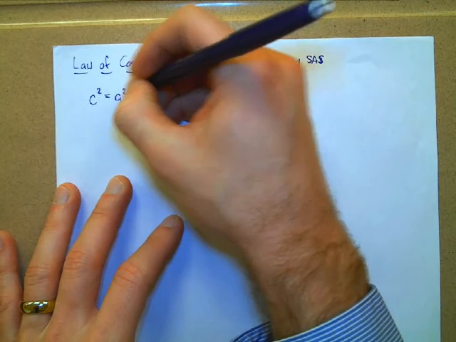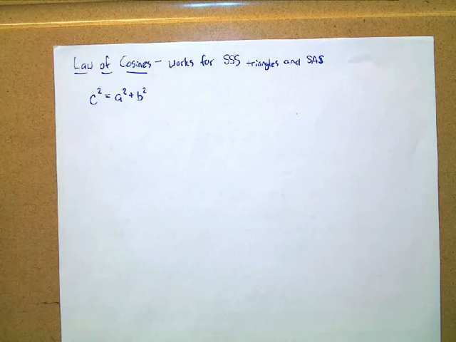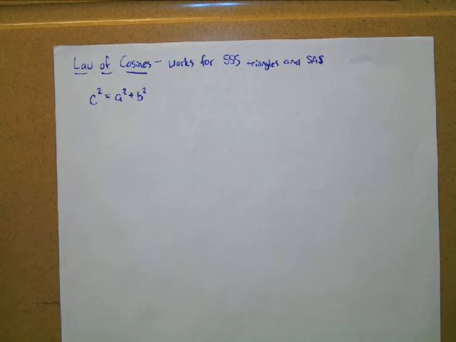So to this, we introduce a bit of a correction. And this is the law of cosines. One way you can think about it is that it is just the Pythagorean theorem with a correction for the triangle not being a right triangle.